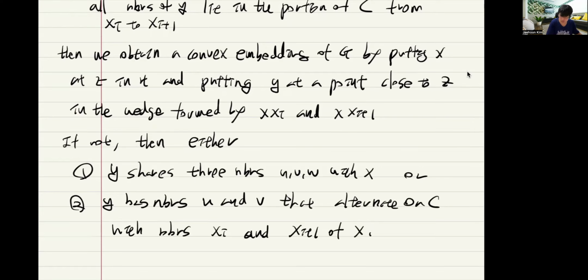So xi and xi plus 1 are the neighbors of x.